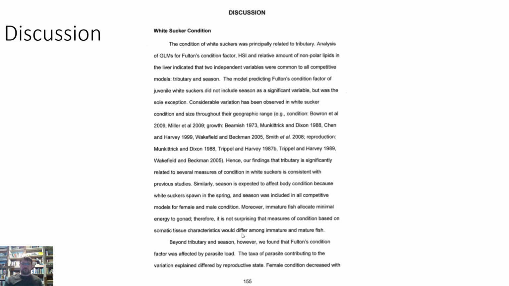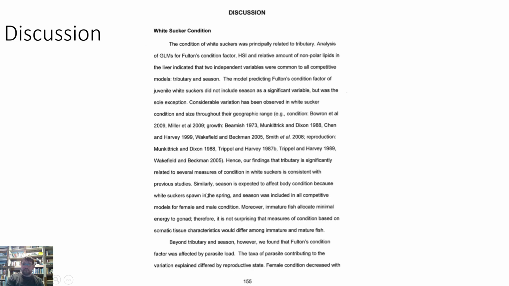Now, in some cases, it's not a perfect match. So maybe McCuncrick and Dixon, maybe they weren't talking about white suckers. Maybe they weren't talking about the species of fish that I was talking about. Maybe they're talking about trout, and they found something different than I did.